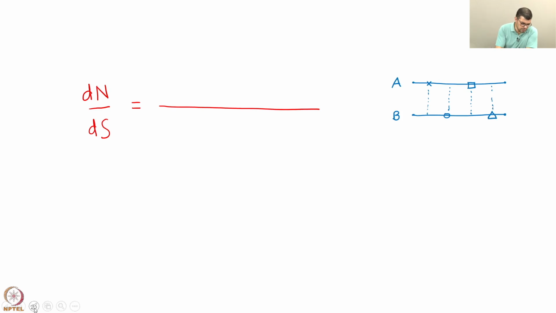So, we saw that dN by dS is the ratio of the following: the number of non-synonymous differences between two sequences, divided by the number of all possible non-synonymous changes that could have happened in the sequence.